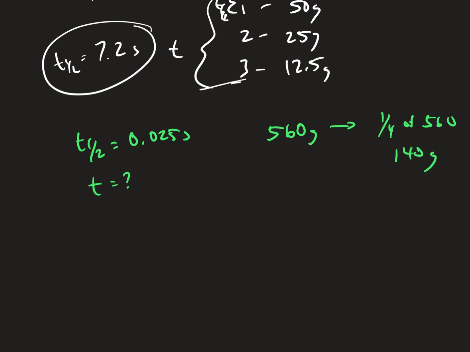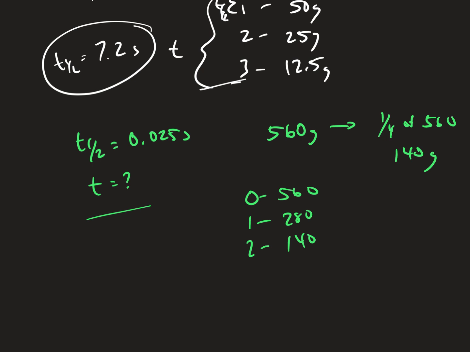So it's pretty close to the same thing, right? We started with 560. Divide it in half once, 280. Divide it in half again, we get 140, which is 1/4 because we halve and halve, 2 halves is 1/4, right?